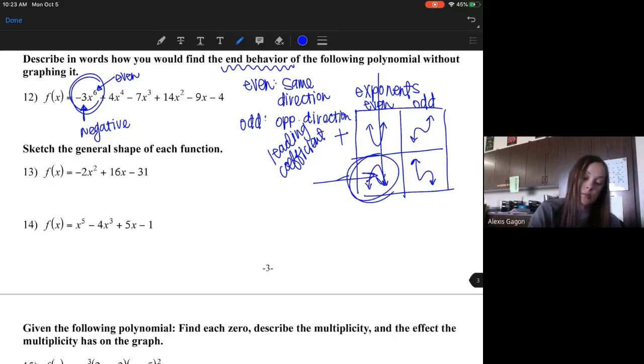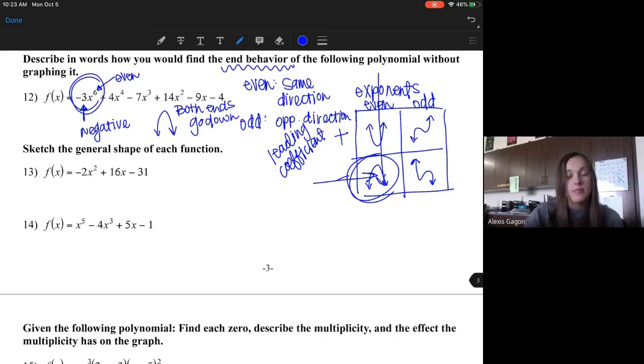Okay, which means these are both going down. And it's asking you to describe this in words, so you would say both ends go down. Both ends go down.